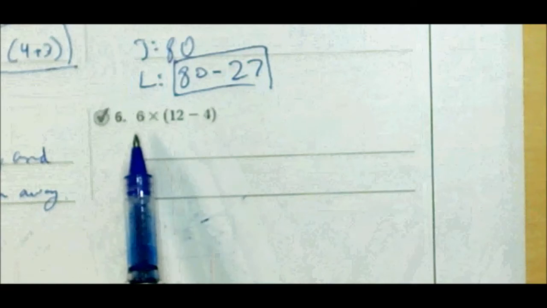This one's a little bit more complicated. 12 minus 4 times 6, or 6 times the quantity 12 minus 4.